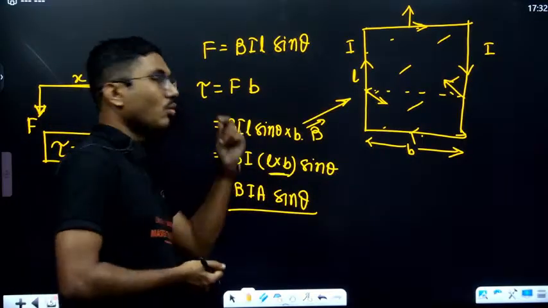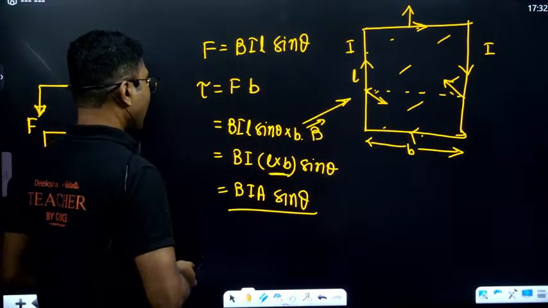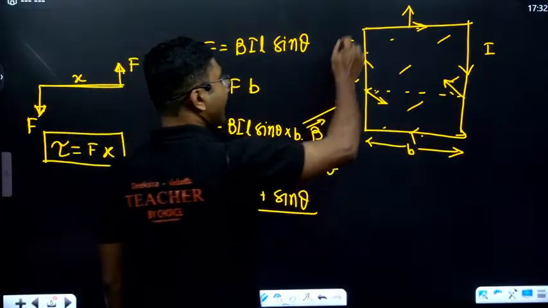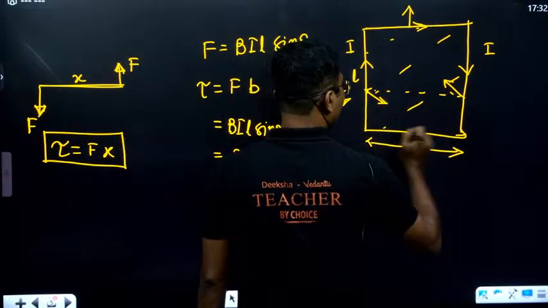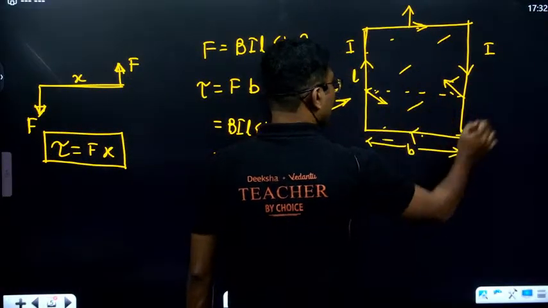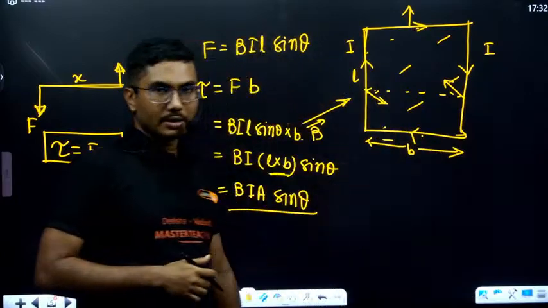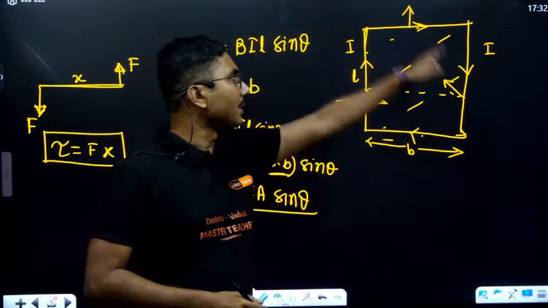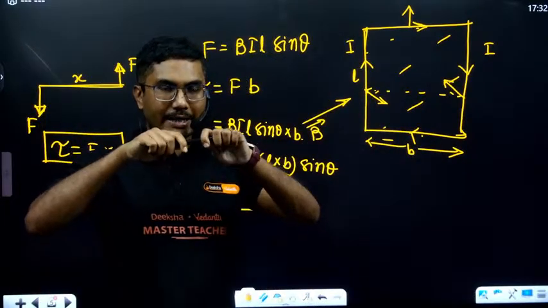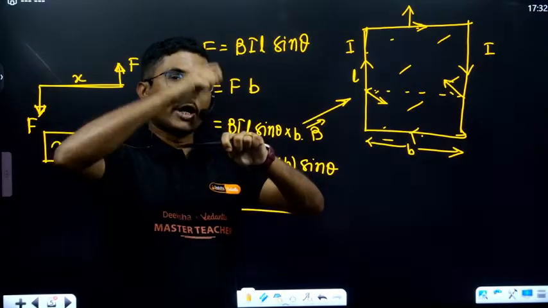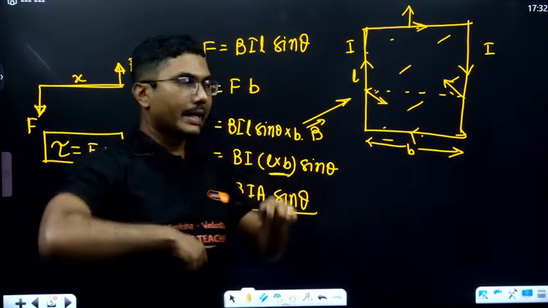Now this is on one single loop. Now instead of that, if you have n number of loops, the loop is not completed in one go. We have multiple loops. You have a rectangular shape, and you have wound multiple loops on that rectangle.